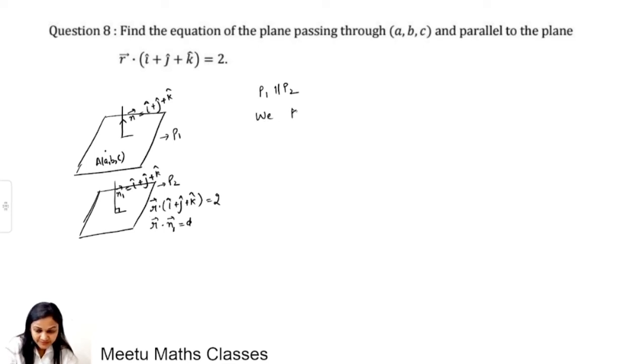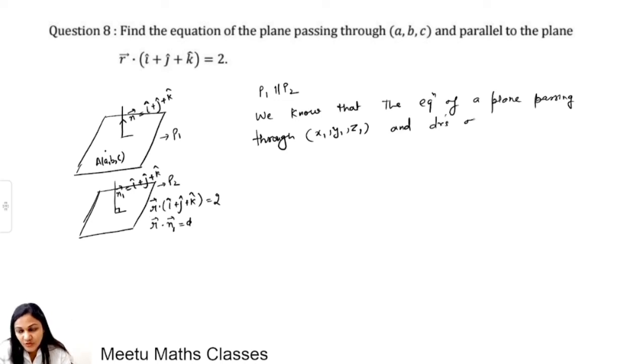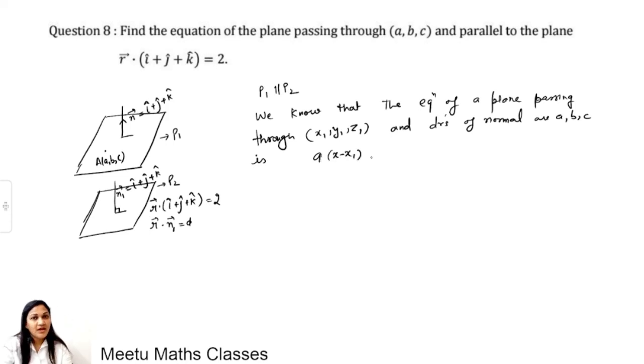We know that the equation of a plane passing through a point a, b, c, or we can say passing through a point x1, y1, z1, and direction ratios of normal are a, b, c, is a into (x minus x1) plus b into (y minus y1) plus c into (z minus z1) is equal to 0.